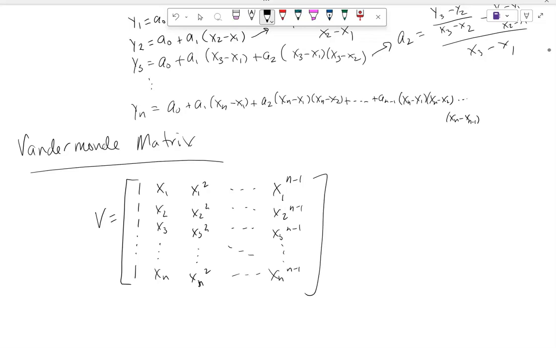That's your Vandermonde matrix. Right? And then your system, I'll use a vector A to denote the coefficients that you're trying to find, is equal to those y1, y2 out to yn. That's the system that you set up.